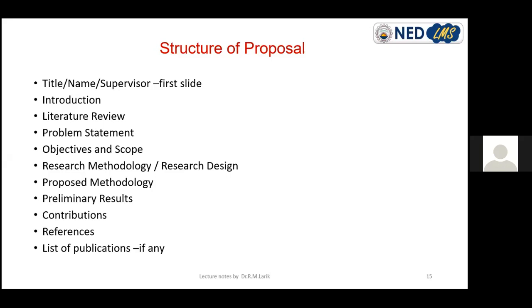Very little chance of rejection. At proposal time you have a chance to publish your review. When you complete your research, you have a chance to publish your own work in ISI and high impact factor journals.